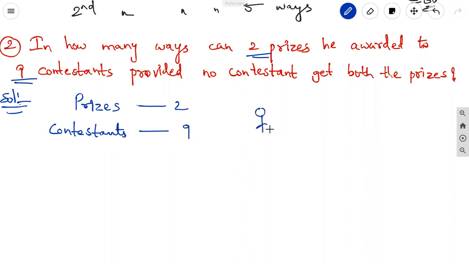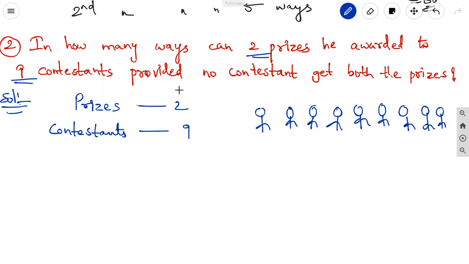Suppose here 9 contestants are there. In 9 contestants, first we can give the first prize.